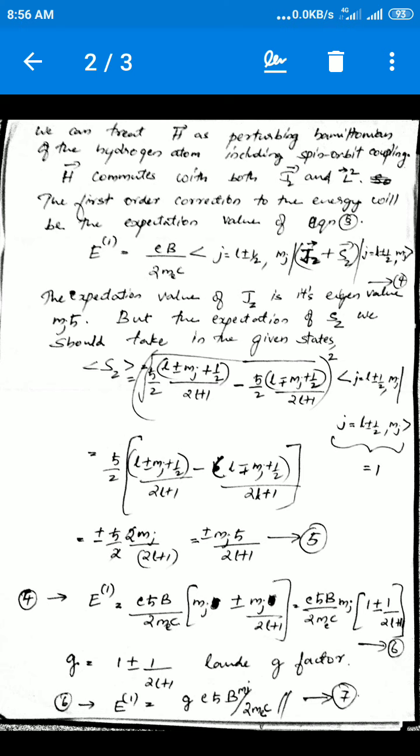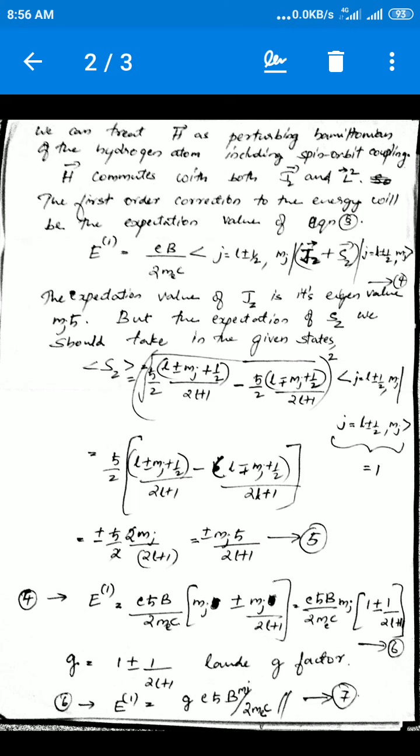So the Sz expectation value will be h cut by 2 times (l plus or minus mj plus half) divided by (2l plus 1), minus (l minus or plus mj plus half) by (2l plus 1). So this is the value.